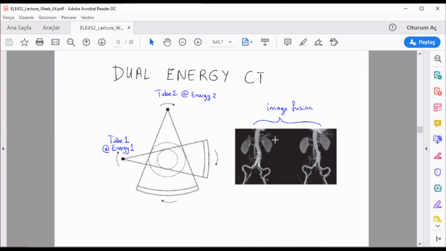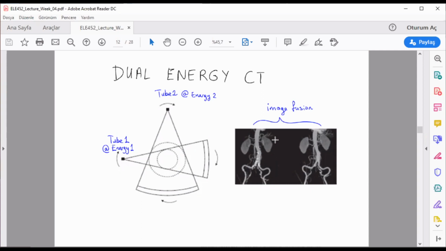What's the advantage of this? Some tissues have good contrast at some energy levels, but other tissues at energy 2. So if you want to see the tissues on the same image, sending a single energy may not show the other tissue well.